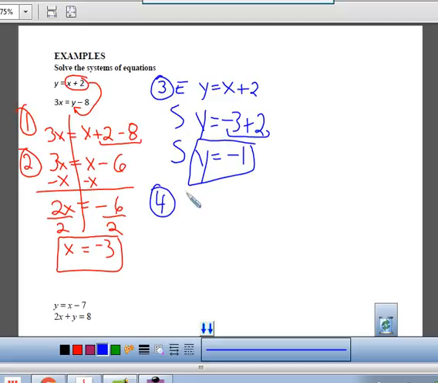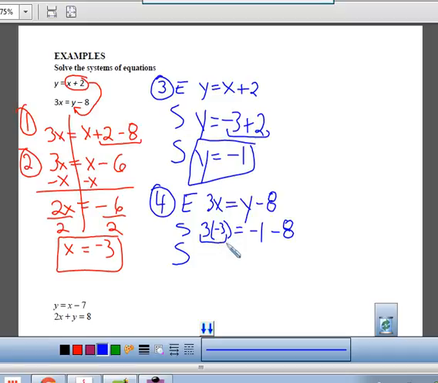So I'm going to use the other equation, ESS again. And E is going to be 3x equals y minus 8 this time. Substitute negative 3 in for x, so 3 times negative 3. Substitute negative 1 in for y.